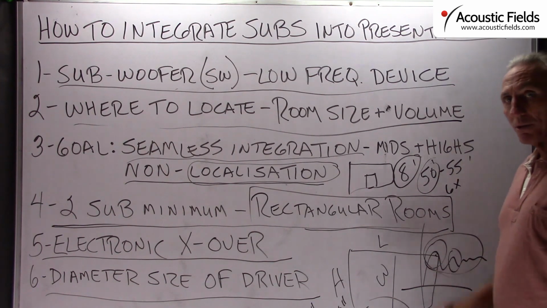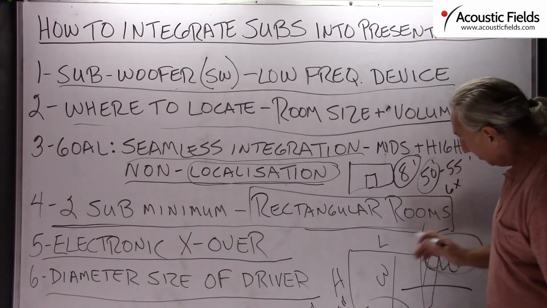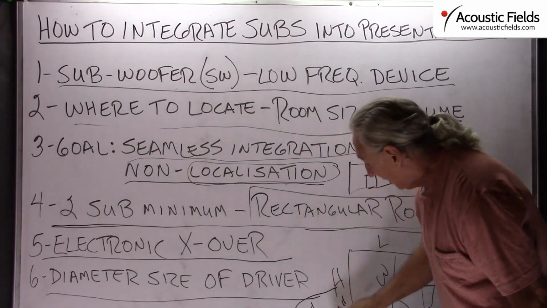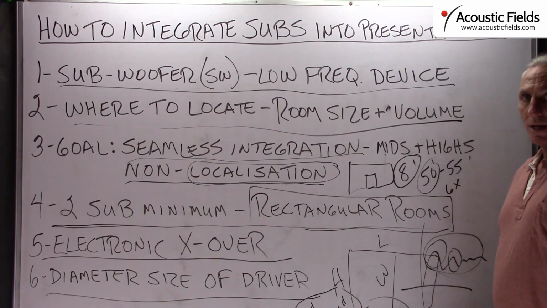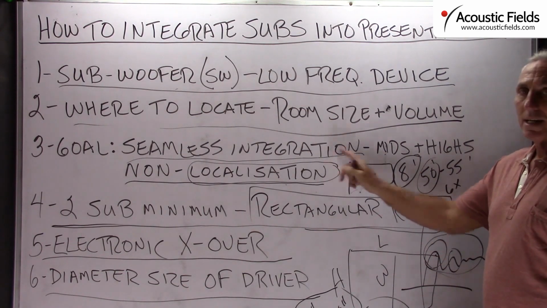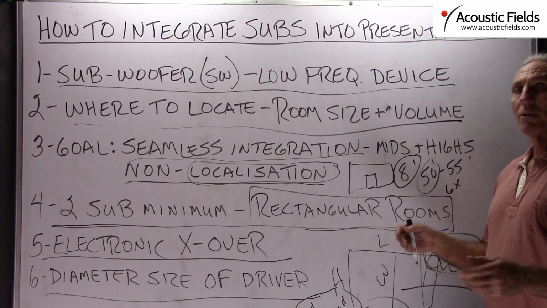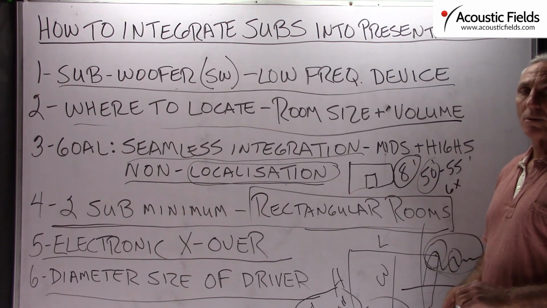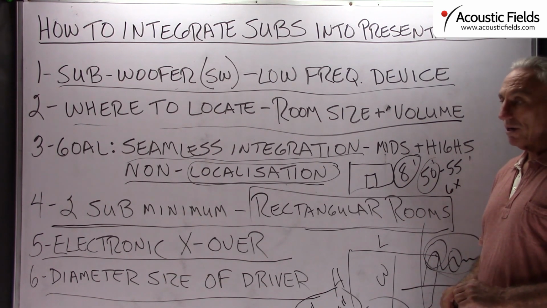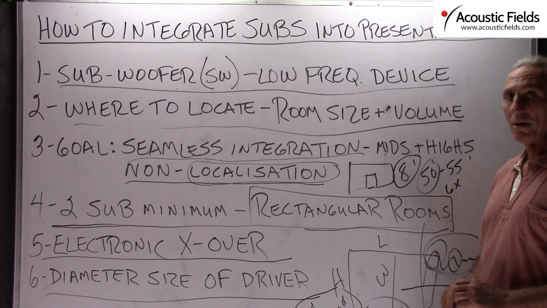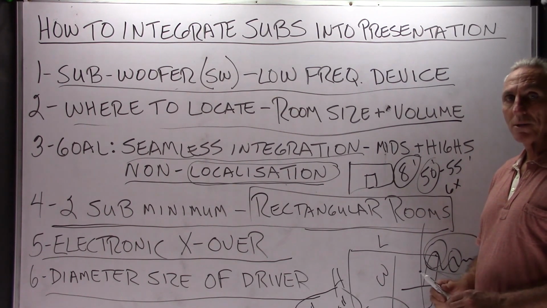Remember, the first rule in acoustics is do no harm. So we don't want to do any harm here. So you have to be very careful with our driver diameter selection. Everything has to integrate. Everything has to fit. And just remember that you're putting a device in the room that the room doesn't want to be there. So you have to spend a lot of time and care evaluating the proper place to put it.